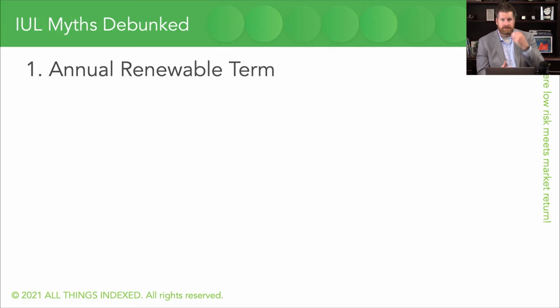It does trend upwards, but it doesn't always go upwards, and it depends on how you structure it. In my other videos, I talk about utilizing different death benefit options to have control over some of these costs.